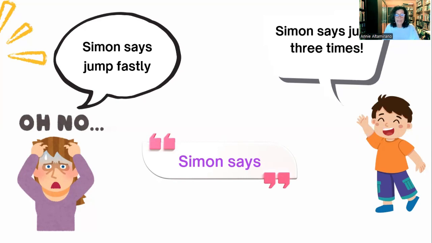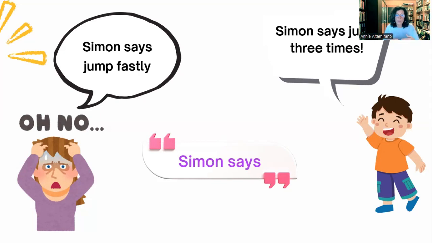Instead of playing it in the traditional way, with just actions, that is, Simon says, stand up, Simon gives instructions with specific grammar points. For example, Simon says, jump 3 times. Or jump once, or jump twice.